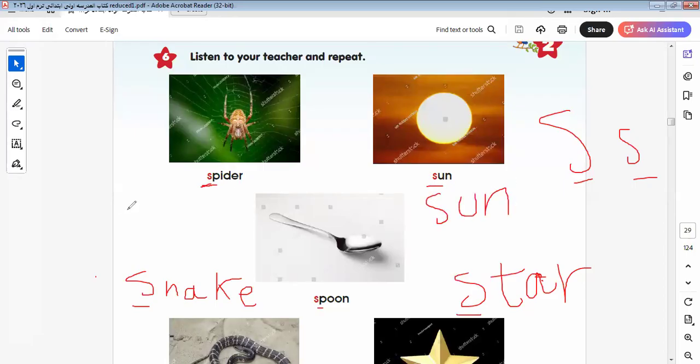And here we have a spider, and here we have a spoon also. We have here spider, sun, star, and snake.